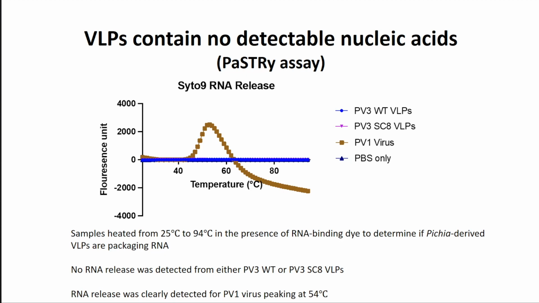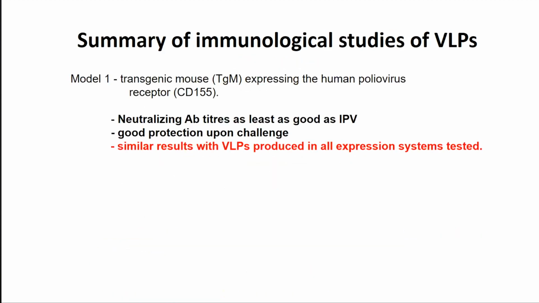And the lines below that, all of which are on top of each other, show that with the VLPs, you see no signal detected for the presence of a nucleic acid. So as far as we can determine, these particles are empty. There's no nucleic acid within them.